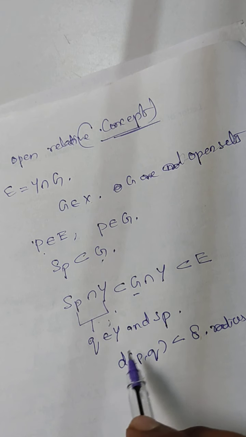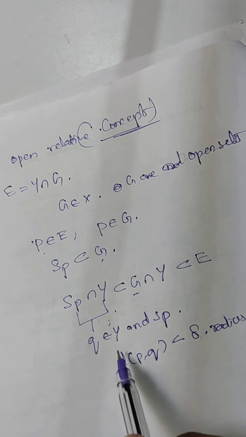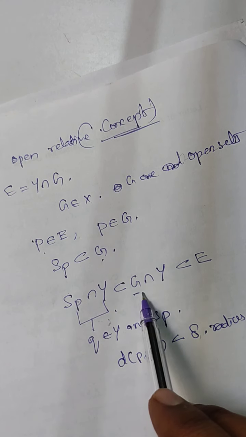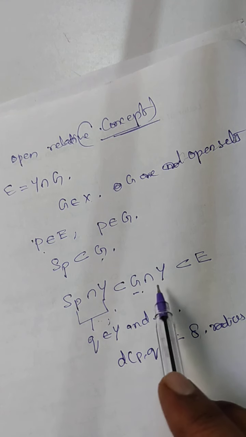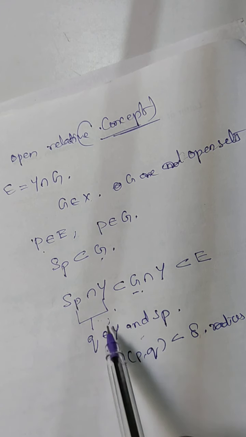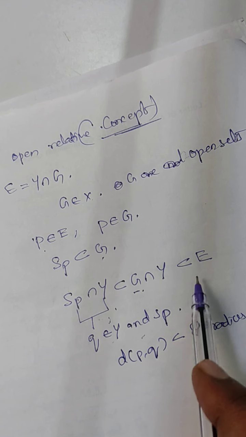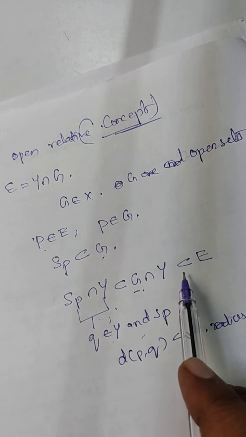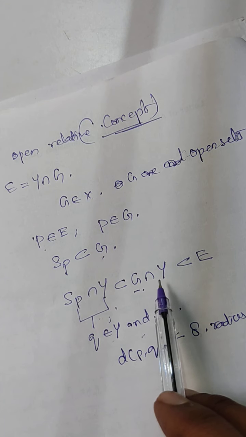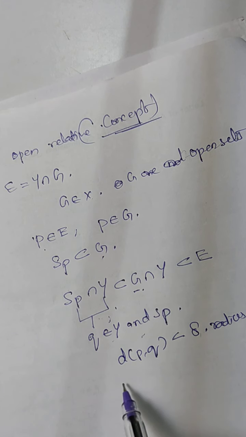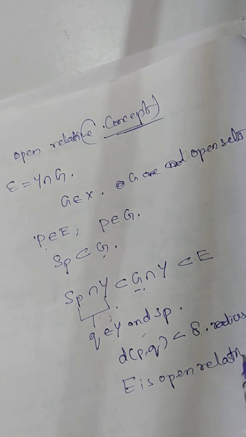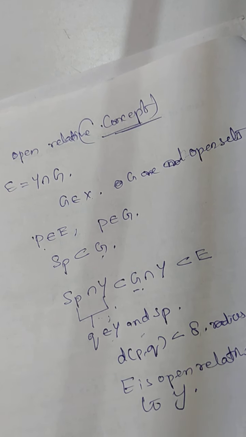Hence we can conclude that this Q belongs to Y, Q belongs to this G, and from that we can conclude that these both are subsets of E, so this N_P is open, E is open relative to Y.